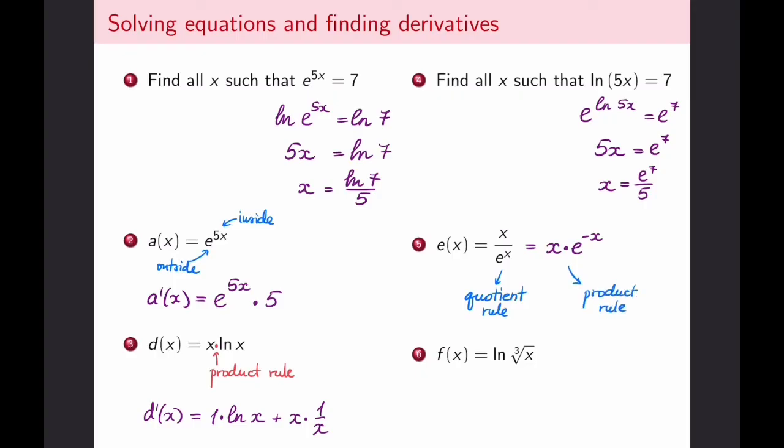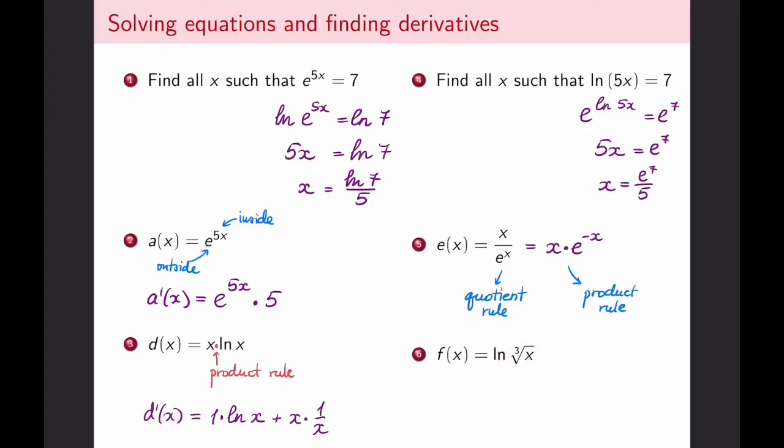But what I strongly recommend is before you jump in to take a derivative, to think about whether it's worth simplifying. For example, in this case, I can of course take the derivative as is. It will involve me taking the derivative of ln as the outside function. So I will get 1 over the inside. And then I will have to follow up, as per chain rule, with the derivative of the inside.